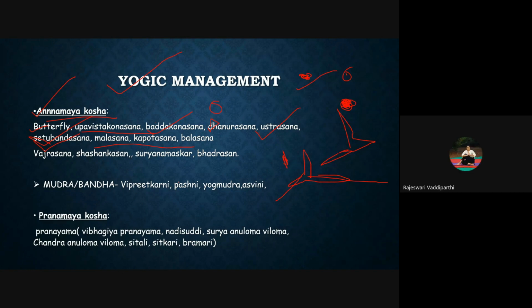Ma'am, they say that it is acidic blood that has to be sent out. So if we do inversions, it may go back into the body, which is not good. That is why they say don't do inversions.